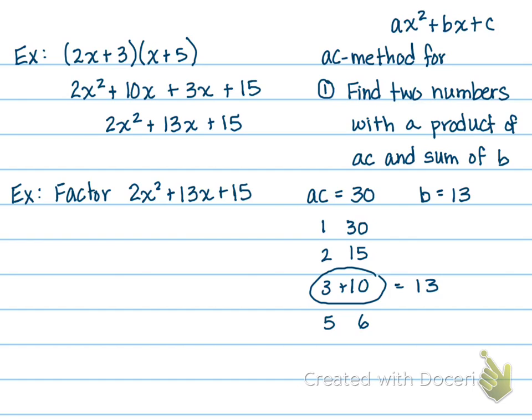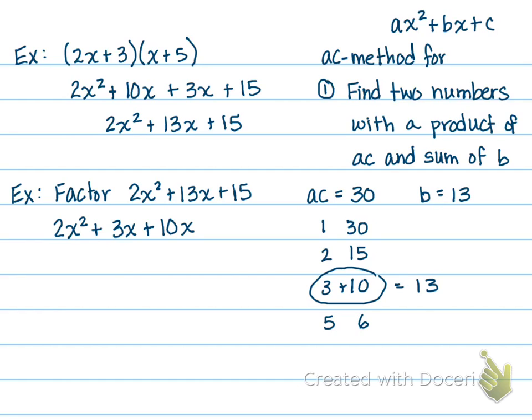So I've got my two numbers, and now I'm going to rewrite that middle term using those as the coefficients of two separate terms. So the first term stays the same. Instead of 13x for my second term, I'm going to write 3x plus 10x.